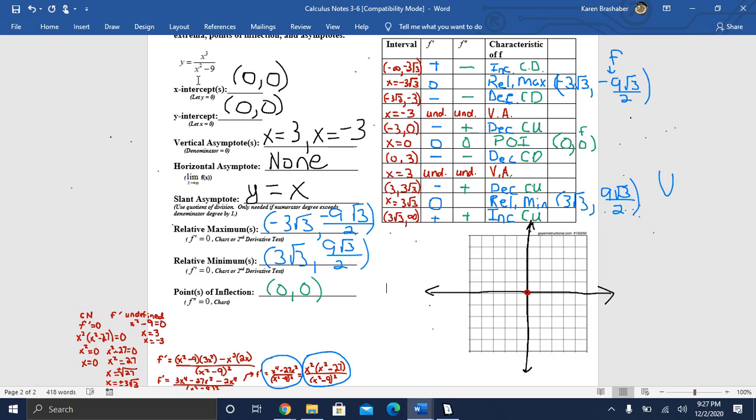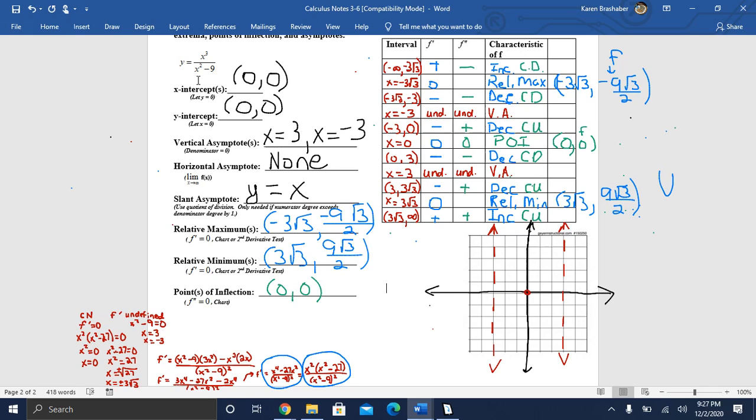So you had one at x equals 3. You had one at x equals negative 3. And you have a slant asymptote of y equals x.